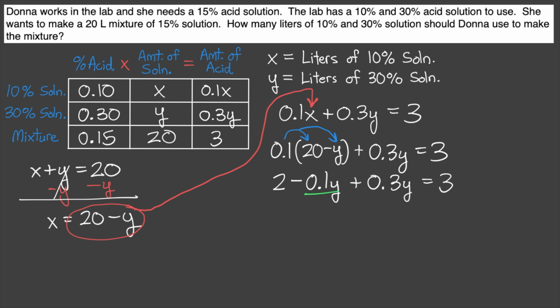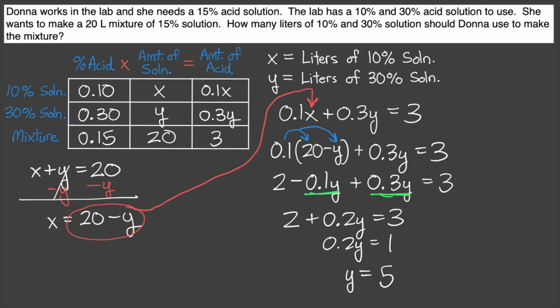So this will give us 2, and then negative 0.1y plus 0.3y is positive 0.2y. All right, next we're going to subtract 2 to both sides. When we do that, we get 0.2y equals 1. And lastly, we divide both sides by 0.2, to get y by itself. So 1 divided by 0.2 is just 5.